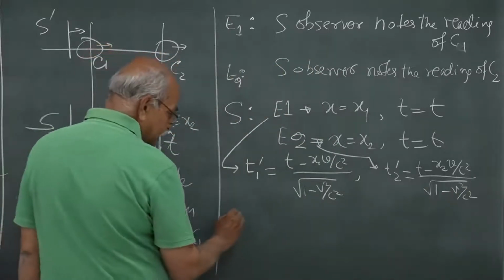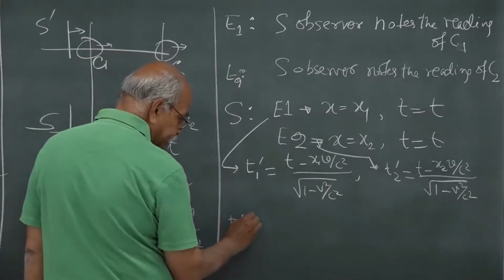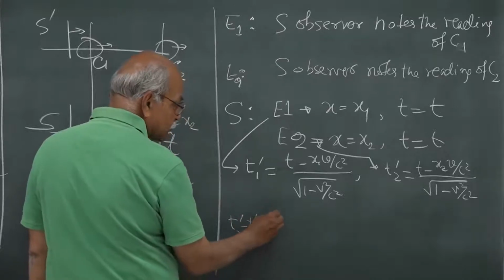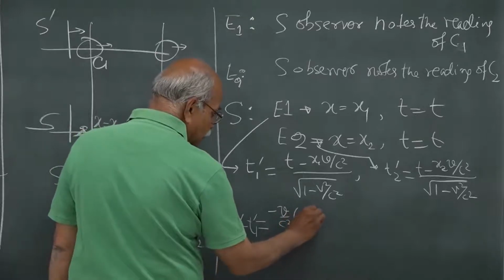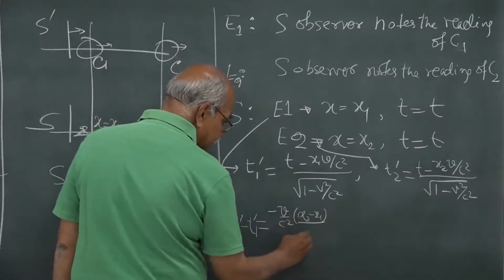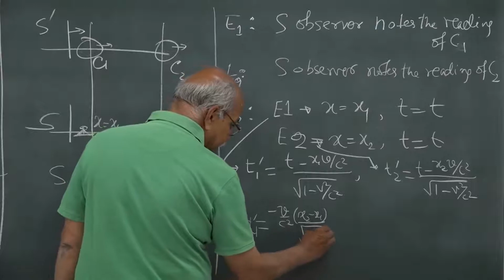And so, t2 prime minus t1 prime is equal to minus v by c square, taking common (x2 minus x1), divided by square root of 1 minus v square by c square.